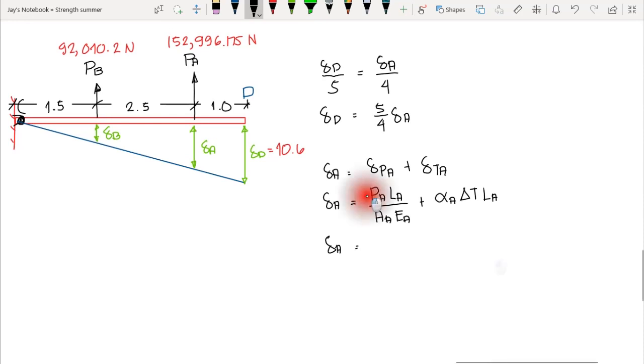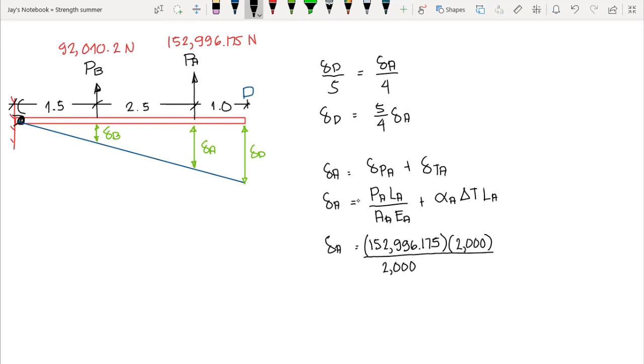Now we know that our actual load, we have already computed this one, that is 152,996.175 times the length of A, that is equal to 2,000, okay, over the area, that is 2,000 square millimeter, times the modulus of elasticity, that is 75 times 10 raised to the 3. Okay, we raise it to the 3 so that we could have a Newton per square millimeter unit.